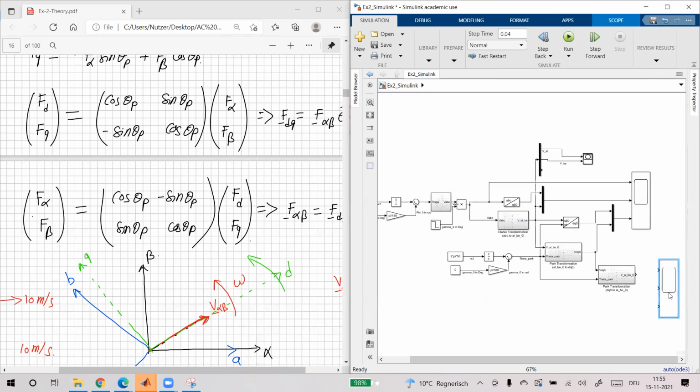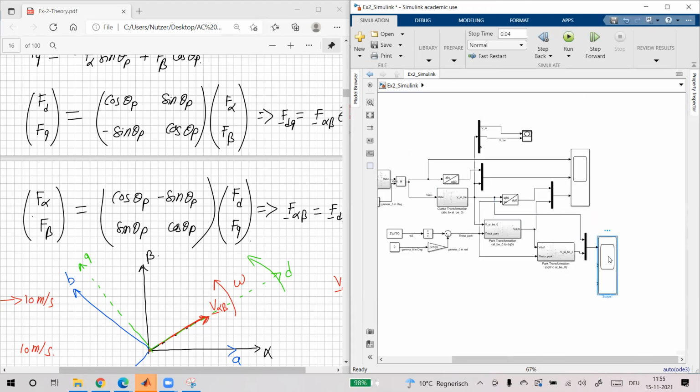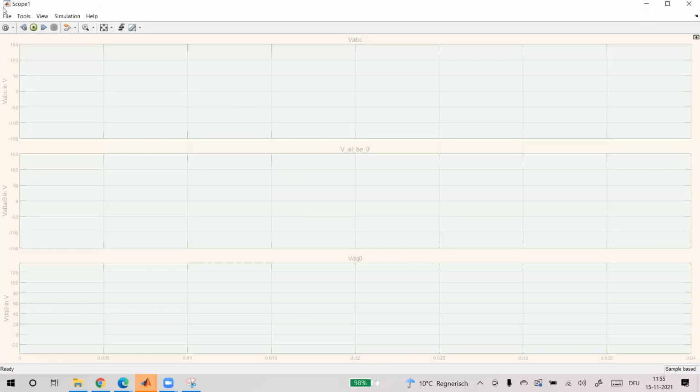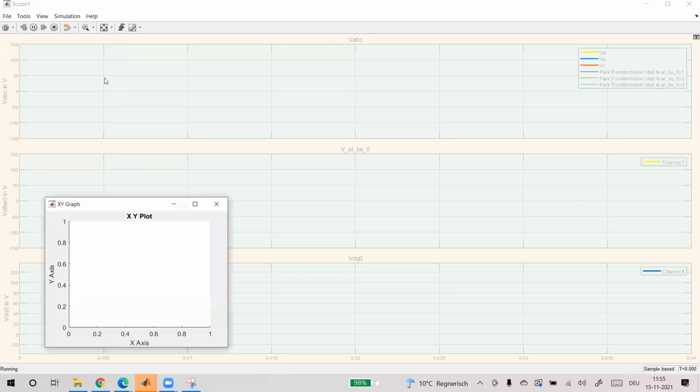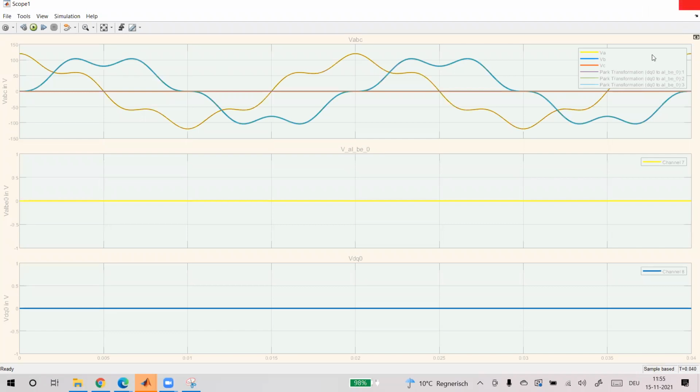So you can connect this one with this alpha beta. If your transformation is correct, you should see the same answer for both. Yeah, I can see the same answer.